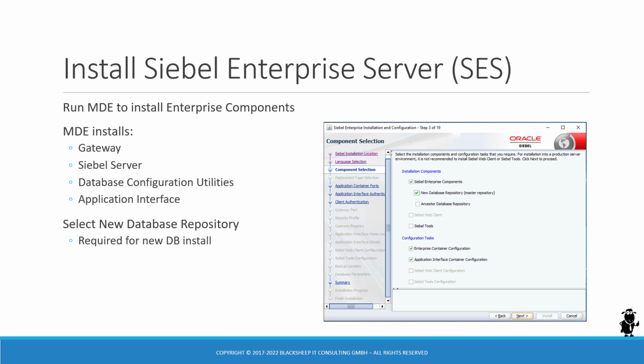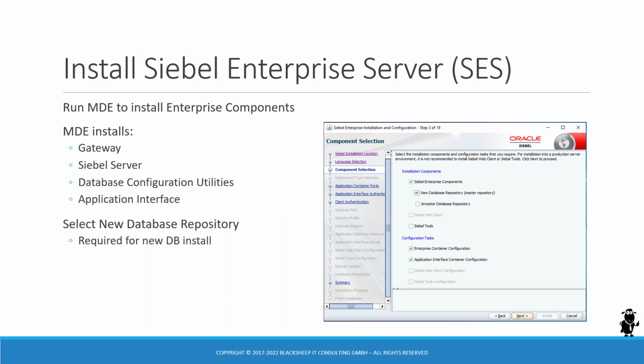The modular deployment engine that we use for installing Siebel 21.2 or higher, including Siebel 22, installs everything. In the Windows variant that we see in the screenshot here, and why do we know it's Windows? Because Siebel Tools and Siebel Web Client are included. And you notice that Siebel Web Client, for example, is gray, so it has not been extracted from the zip files. What you also see in the screenshot is that new database repository is available for selection, like ancestor database repository.